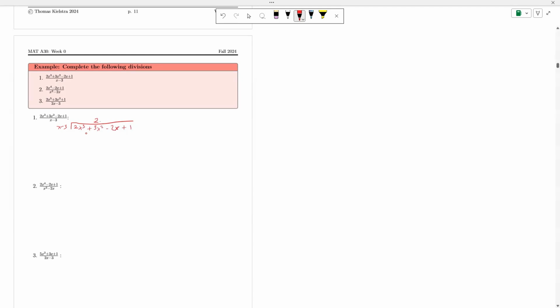Well, this is 2x squared times. This gives us 2x cubed minus 6x squared. And when we subtract this, we're going to get 9x squared minus 2x plus 1, because we bring these terms down.